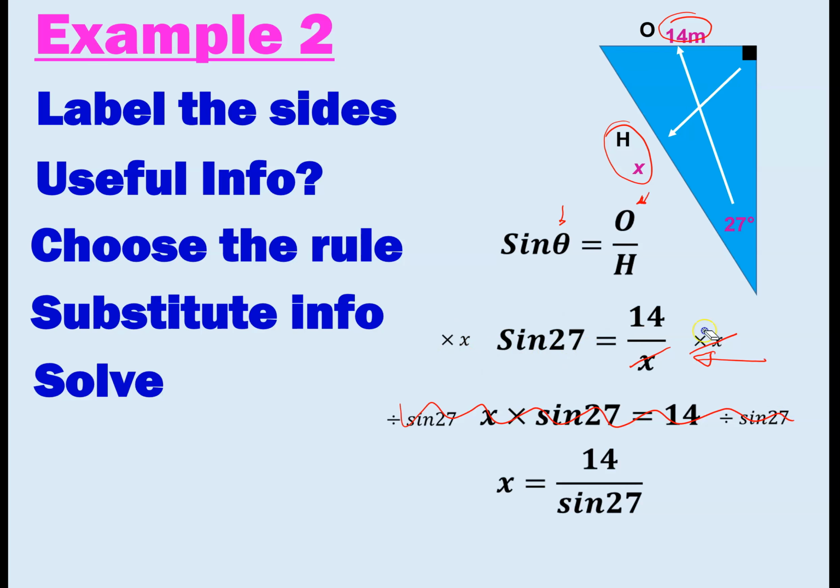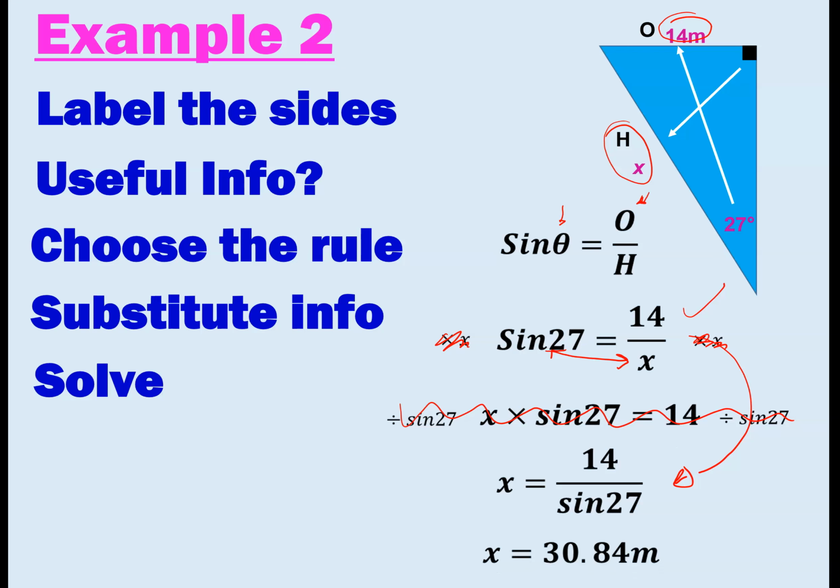When it comes to this step, I just say switch. When the unknown is at the bottom, do the switcheroo. So I go from this step straight down to there, and then calculator, check.